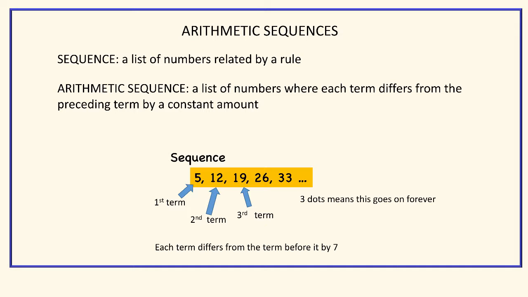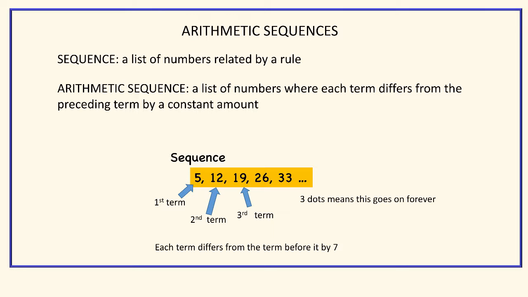So in the sequence you're looking at, 5, 12, 19, 26, 33, the first term is 5. The second term is 12, the third term is 19, and so on. Those 3 dots at the end mean that this goes on forever. Now let's look at the difference between each two terms.